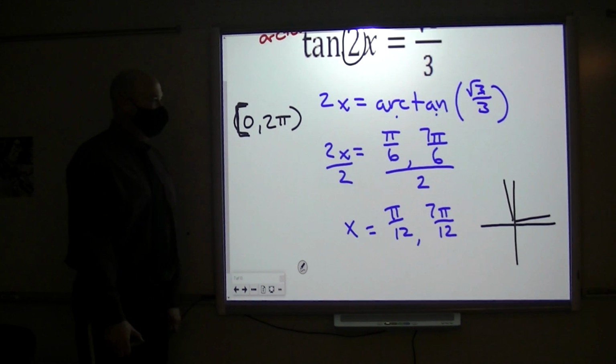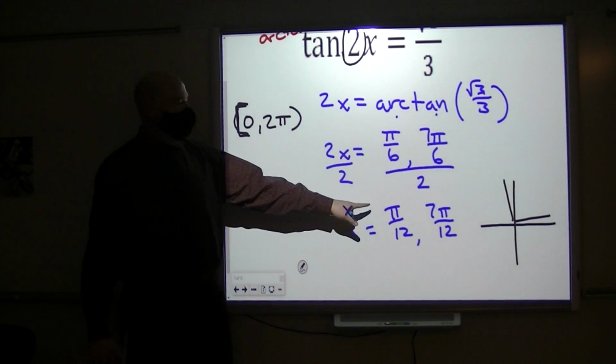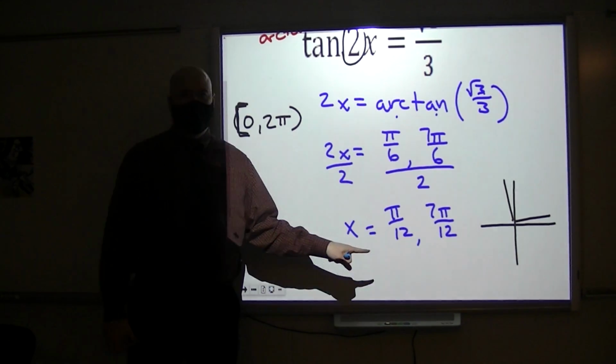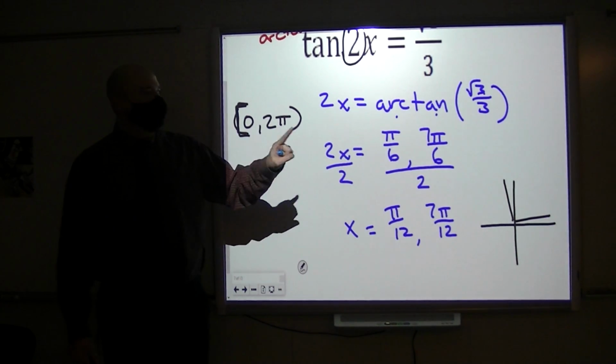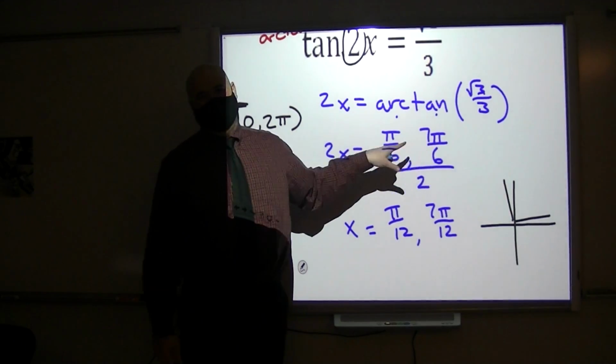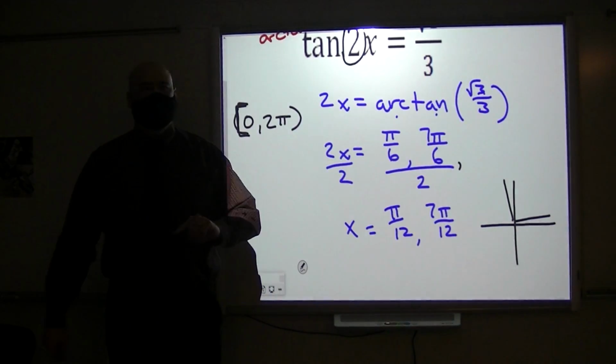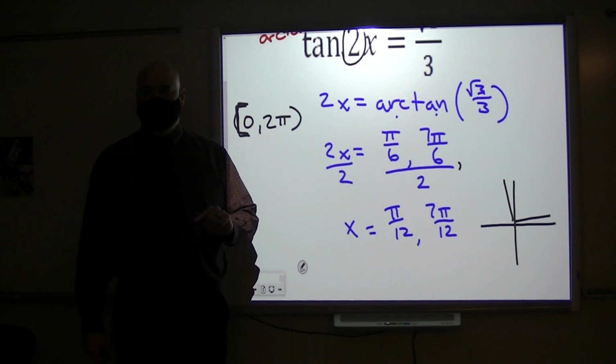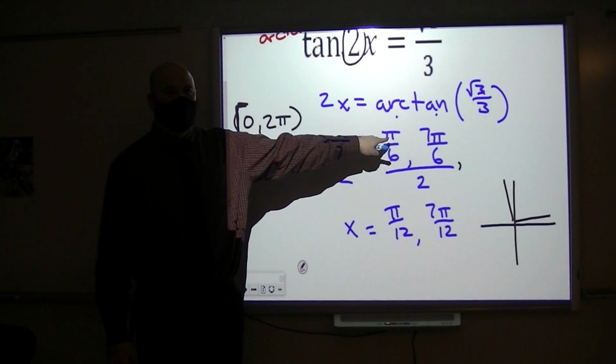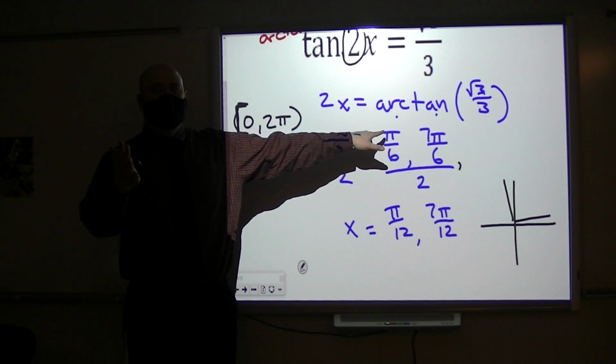The idea here is, when we get these values, come back to this step and add 2 pi. What's 2 pi in terms of 6? 12 pi over 6.